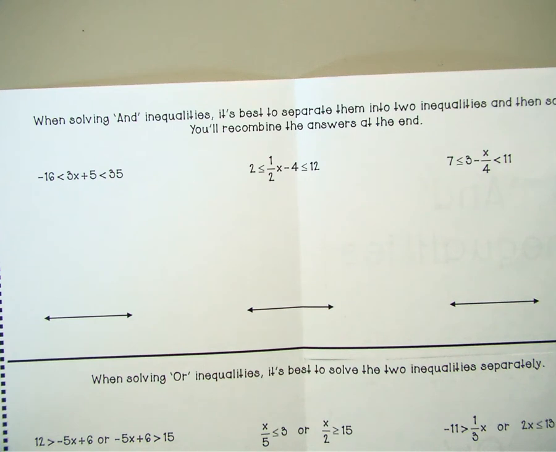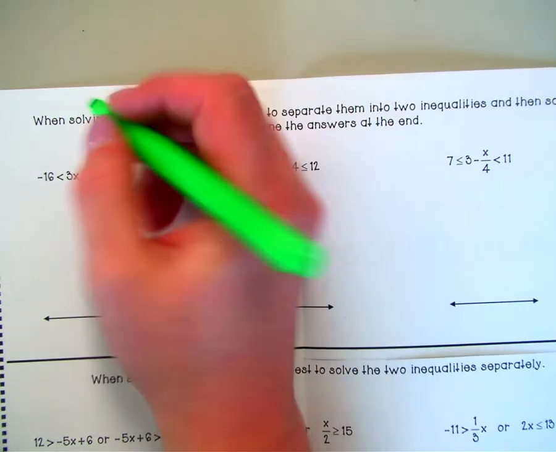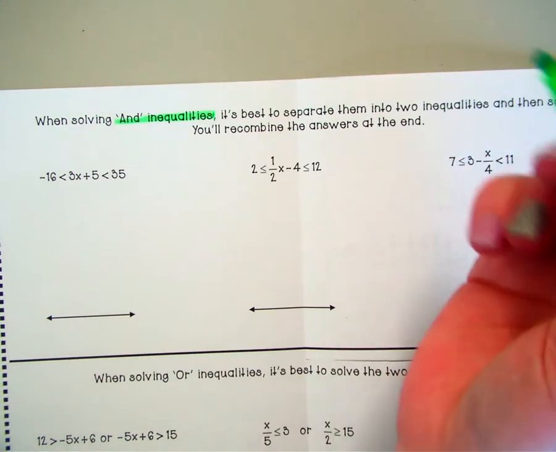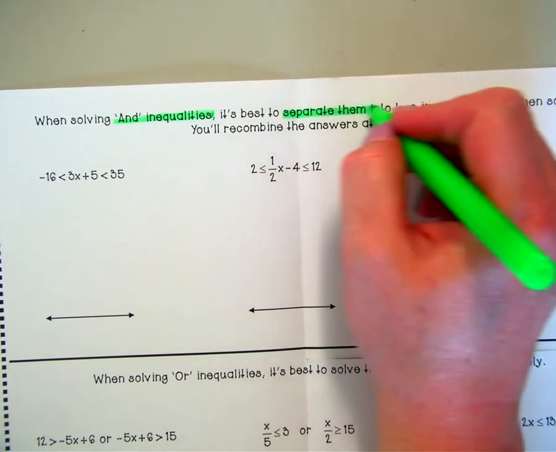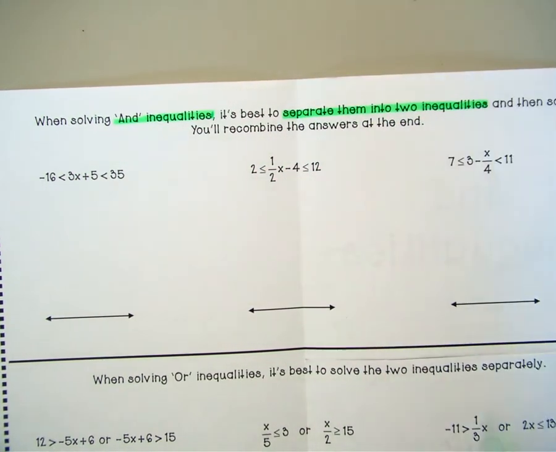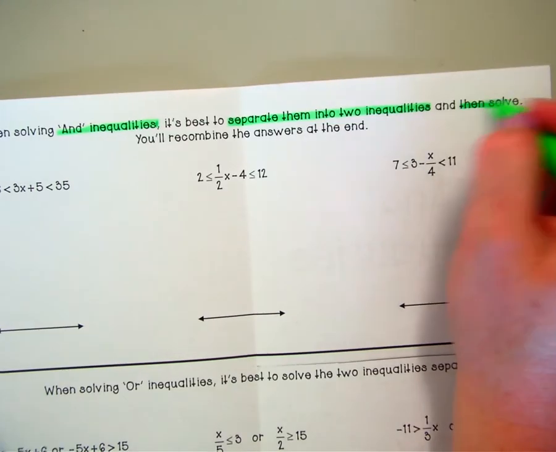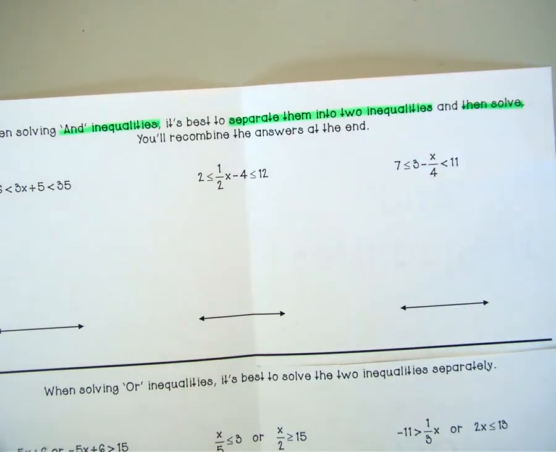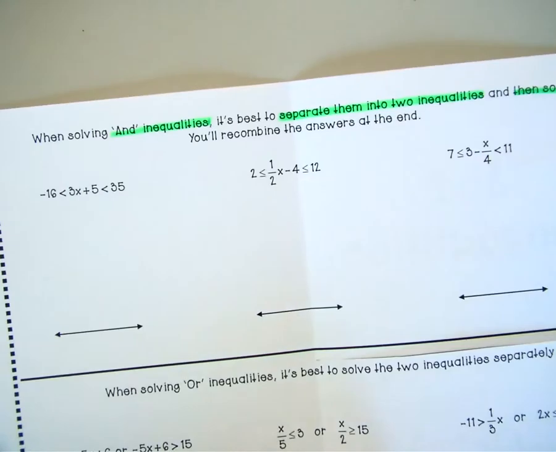So my little note on the top, it says, when solving and inequalities, it's best to separate them into two inequalities and then you solve. So you're going to take the one double inequality, so to speak, and make it into two inequalities.